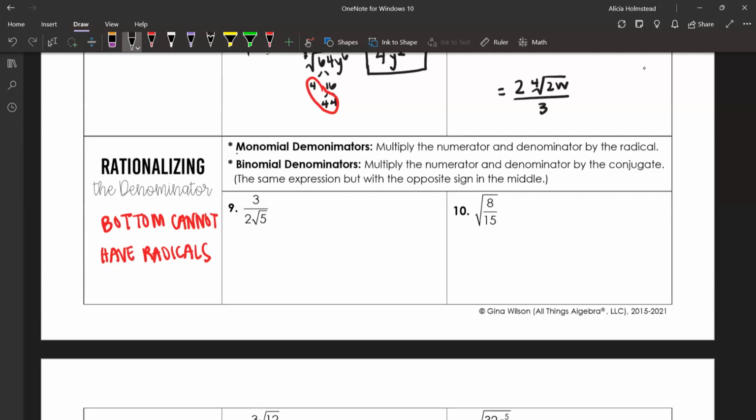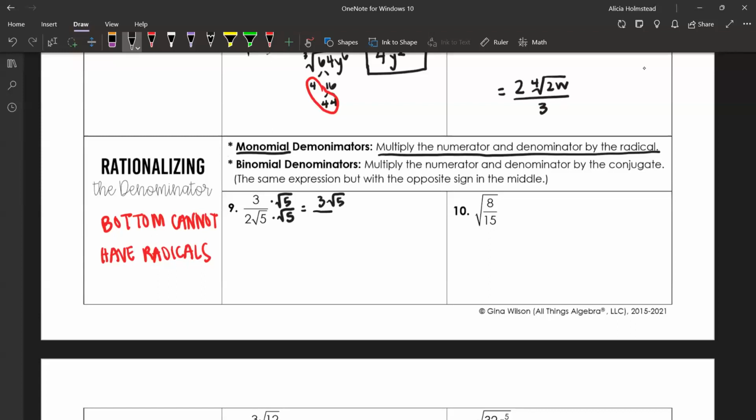So what we do when there's a monomial denominator, meaning it's not added or subtracted from anything, is we're going to multiply the numerator and denominator by the radical. So looking at number 9 here, what's the problem? Well, the problem is that we have a square root of 5. So to rationalize this, we're going to multiply the top and the bottom by the problem, which is the square root of 5. So on the top, we do insides with insides and outsides with outsides.